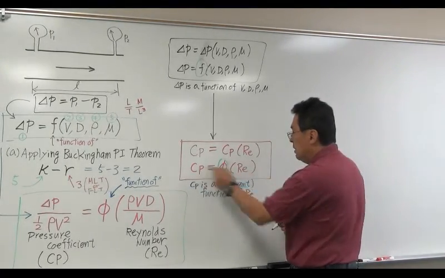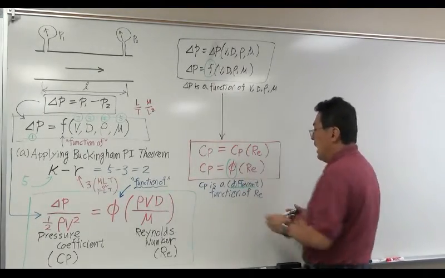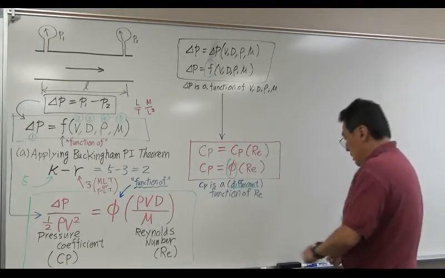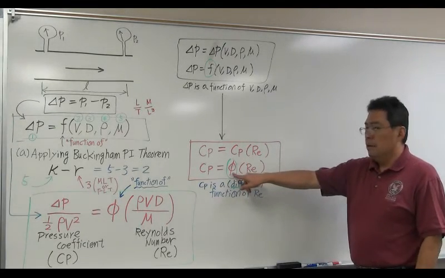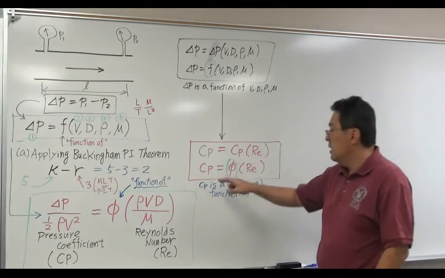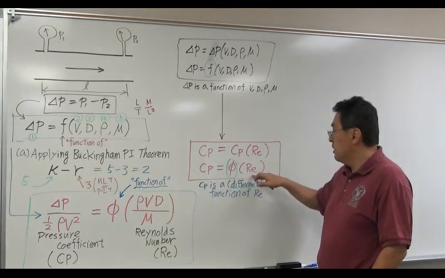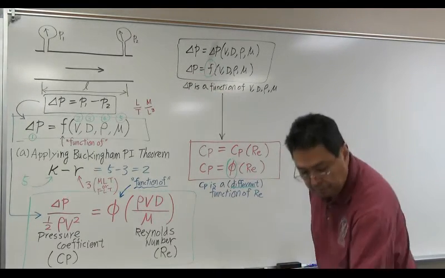In other words, Cp is a function of Reynolds number, but it's not going to be the same functional relationship as that. Okay? So let's be careful about that. This phi is not a mathematical multiplication. This is just an expression saying Cp depends on Reynolds number. Delta P depends on those. Okay? Alright.